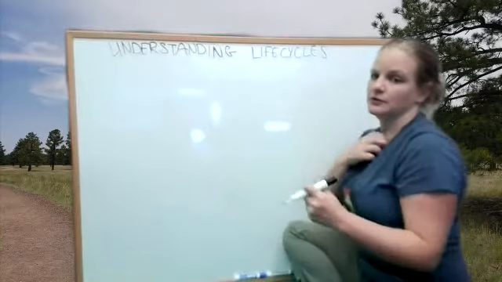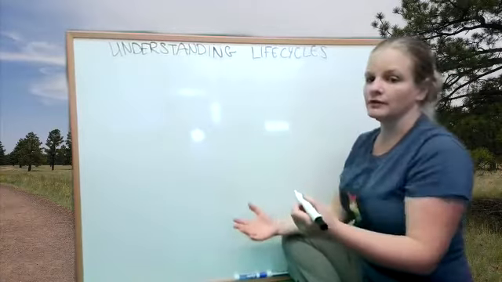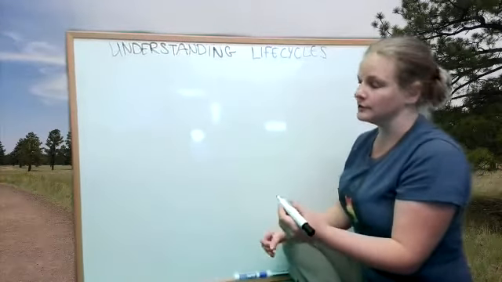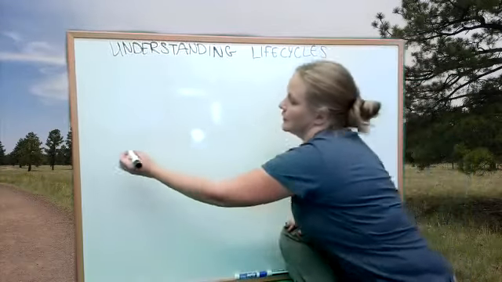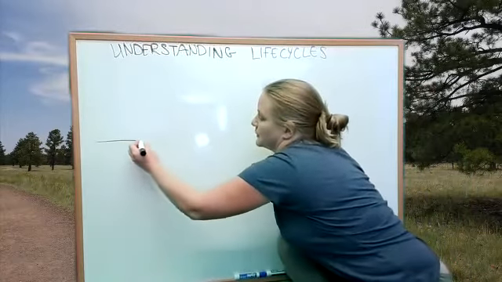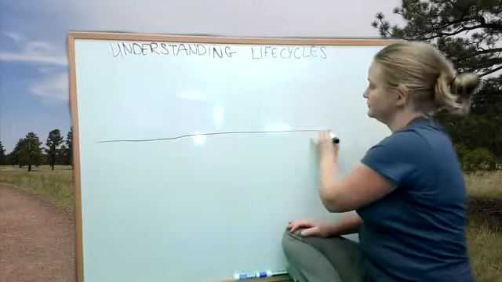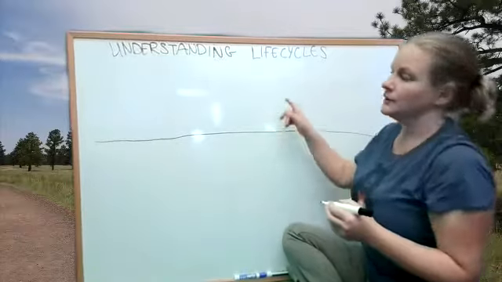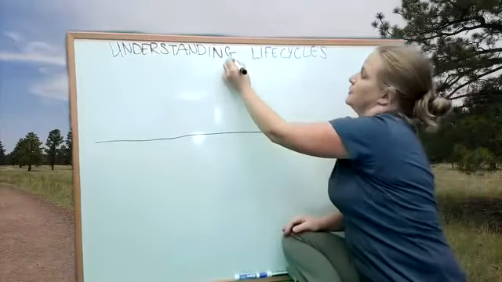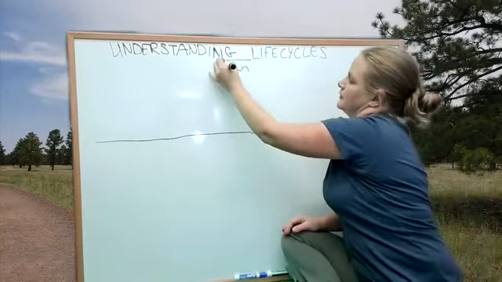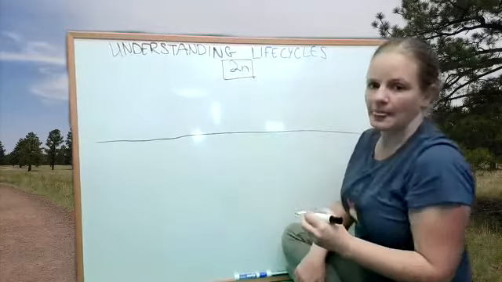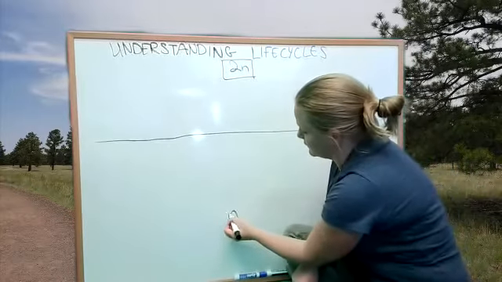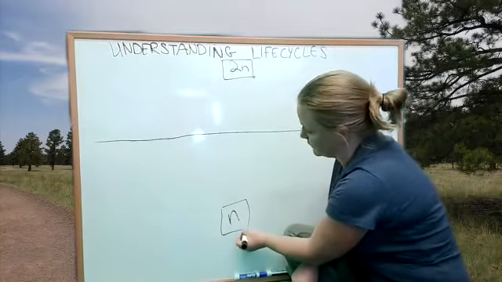The way that I learned this, and I thought it was a really helpful analogy, is I'm going to draw a fence here. On this side of the fence is where our diploid cells are, and on the other side of the fence is where the haploid cells are.